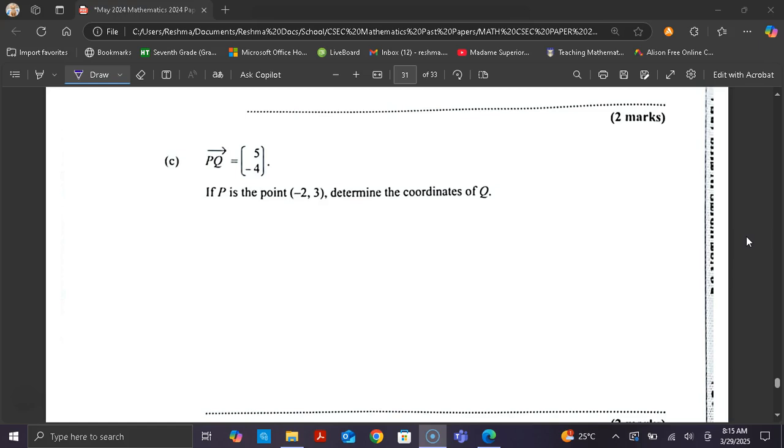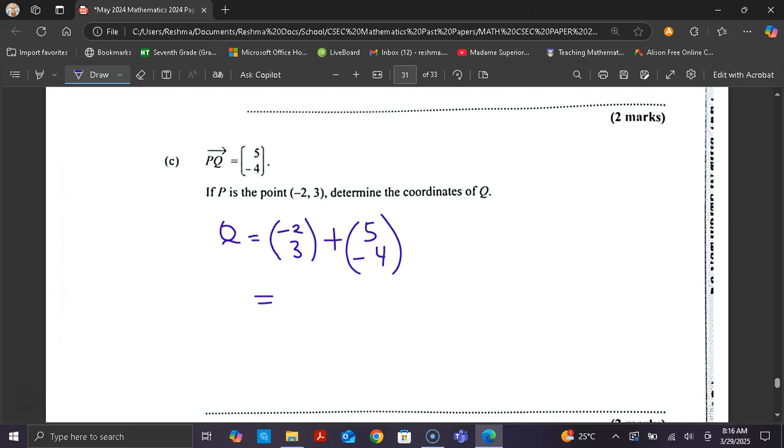So Q will be the endpoint of our vector PQ. So therefore, the endpoint Q will be the starting point (-2, 3), which we're going to rewrite as a vector, plus the vector PQ, (5, -4).